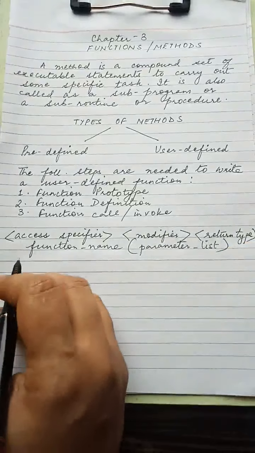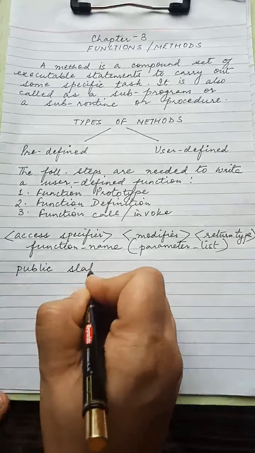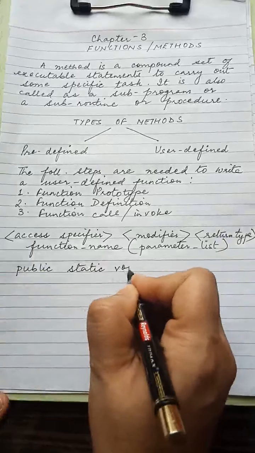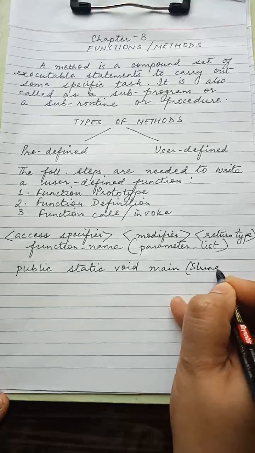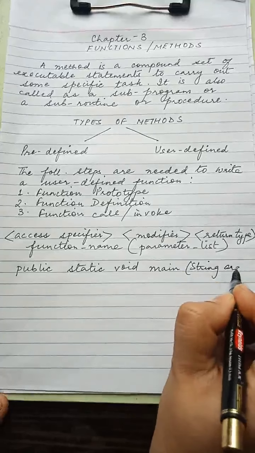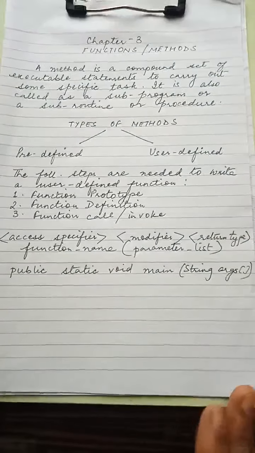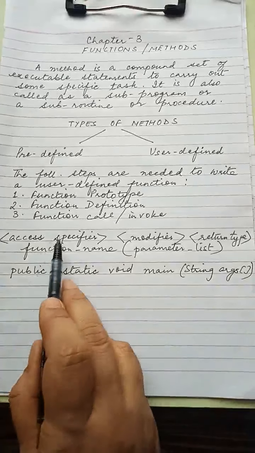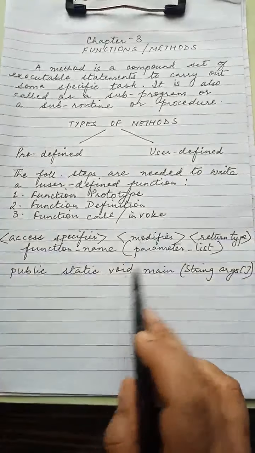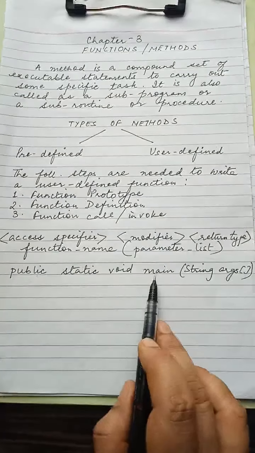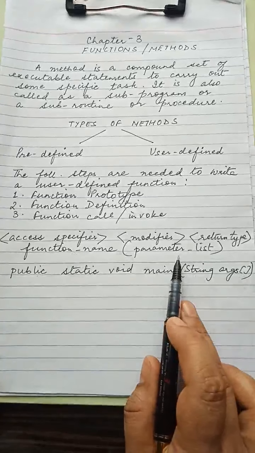Let me take an example. If I write public static void main and String args, this is a user defined function, isn't it? So public is the access specifier, static is the modifier, void is the return type, main is the name of the function, and String args is the parameter which is passed in.